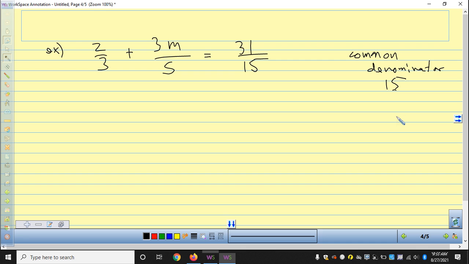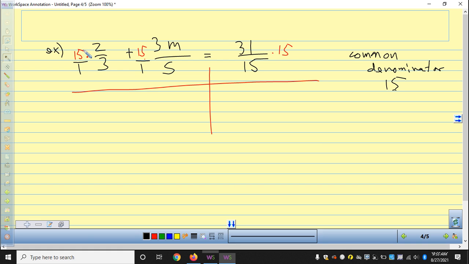So we're going to multiply everything, each thing, by 15 to clear the fractions. So I'm going to multiply this by 15, this by 15, and this by 15. And I remember that when we multiply fractions, we multiply straight across.